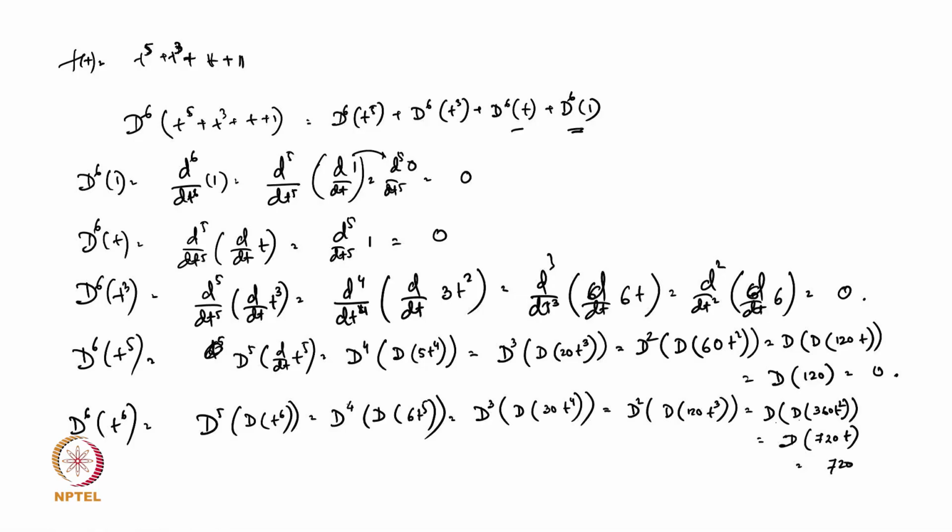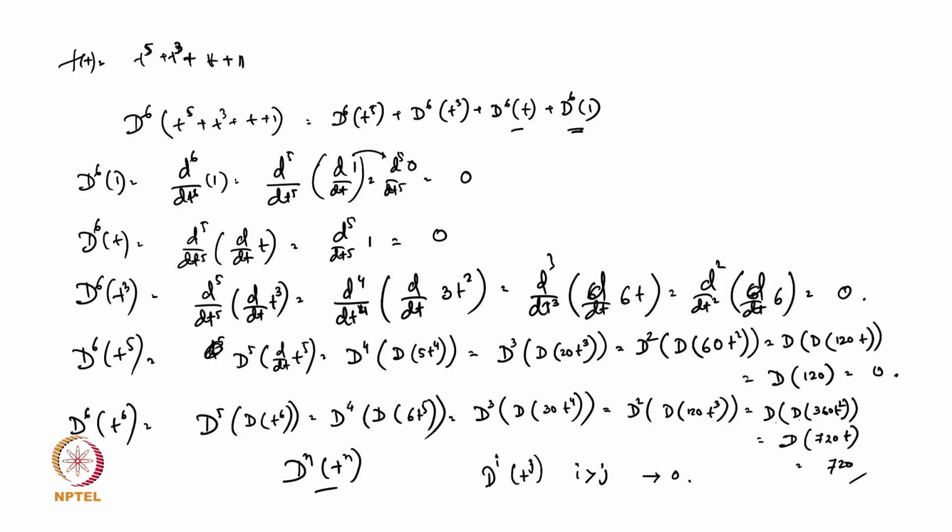So you can see that once the orders of D and t are matching, only then can we get the solution. All the previous terms before that will lead to 0. Once the order of D is more, suppose D^i and t^j, if i is greater than j, that will lead to 0. Simple.